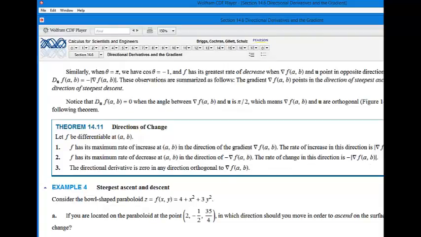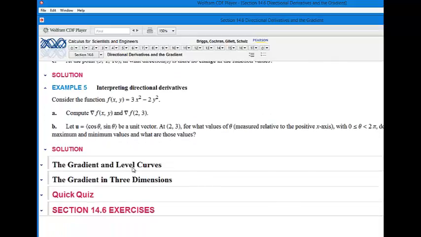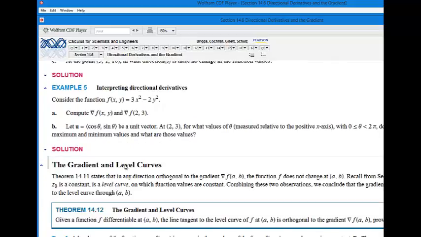So let's just move down to that section. Gradient and level curves. And the proof is going to be very similar, right? It says the line tangent to the level curve is, here's the word they use, what's it called? Orthogonal. Why do we say orthogonal instead of perpendicular? They're warming you up for 4 dimensions. Because I don't have perpendicular anymore, because I can't even draw it.